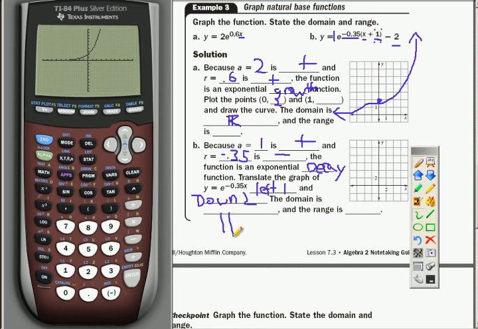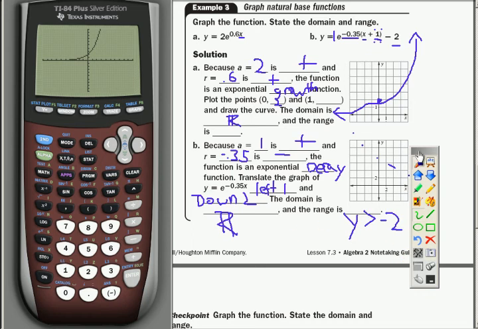No, that's going to be all real numbers. You put anything in for x. But the range, because it moved down 2, and it's an exponential decay, it's going to go down. The range ends up being y greater than -2.